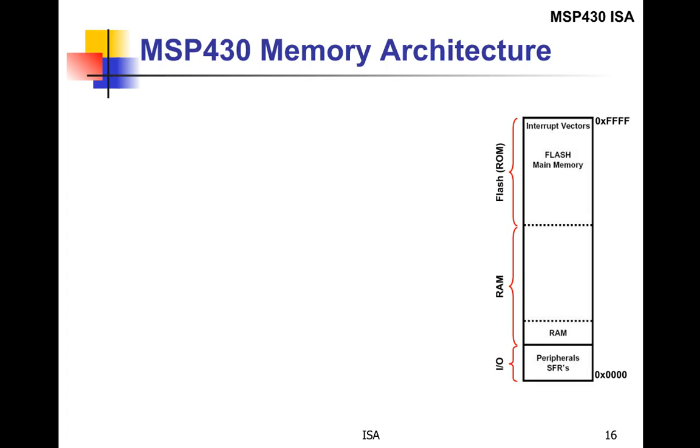And not all of this memory is populated in every MSP430 variant you get. So that's something to think about. And there are actually some MSP430 variants, including I think the one we're using, that allow more memory than 64K here.